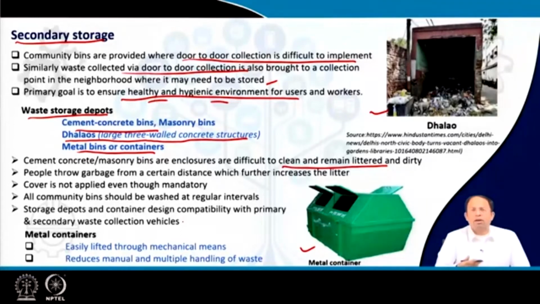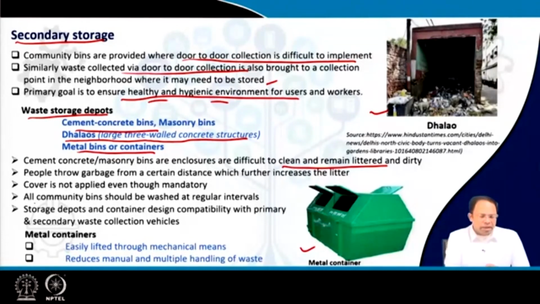Now, when they do that, they end up throwing garbage which may fall in the enclosure or in the surrounding area, which causes additional litter. And the next person who comes doesn't even go till that distance, he throws it from even farther away. So that keeps on increasing the area that gets littered, right? And it creates a very unhygienic and unhealthy, or even aesthetically displeasing environment.